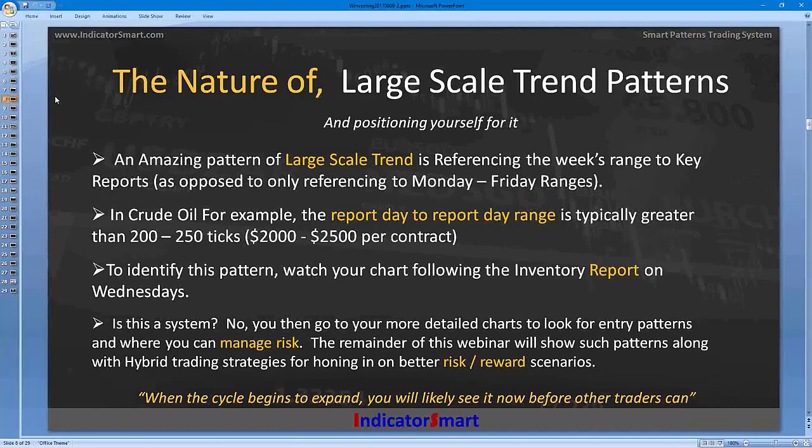So is this a trading system? No, it's not a trading system at all. You could turn it into a trading system, but what I like to do, and let me just share this with you for a moment, the very, very best trading systems are made out of collections of things that you know. And so, I know that we're going to go 65 ticks at an 85% level.